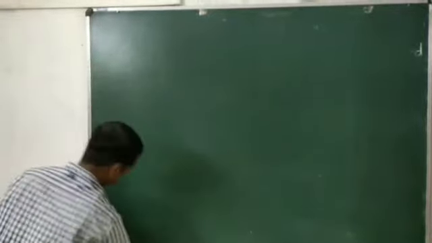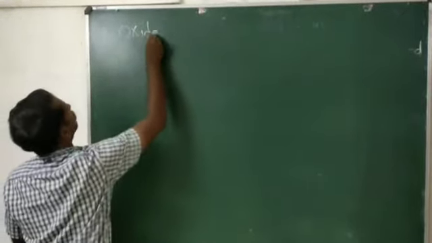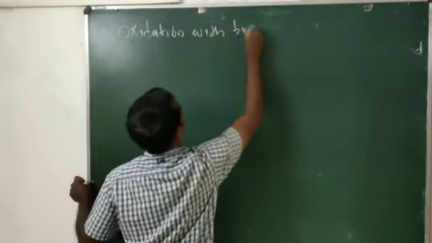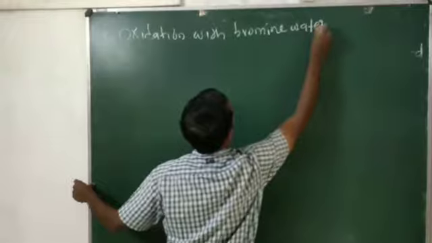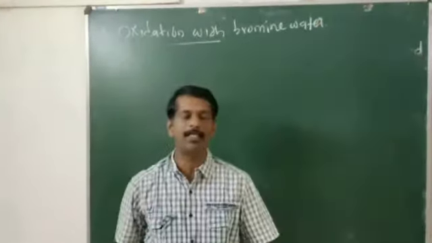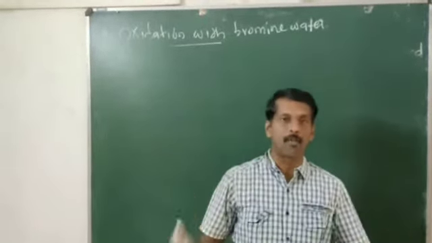Fourth one: oxidation with bromine water. Aromatic or aliphatic aldehydes can be oxidized with bromine water.